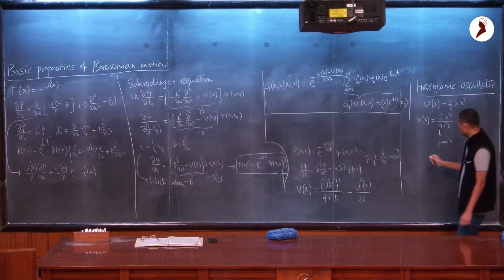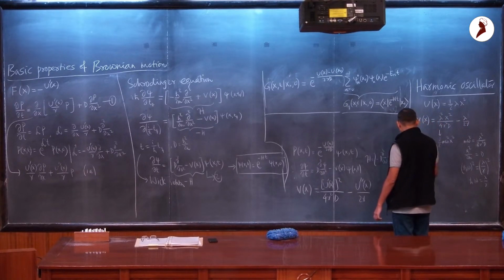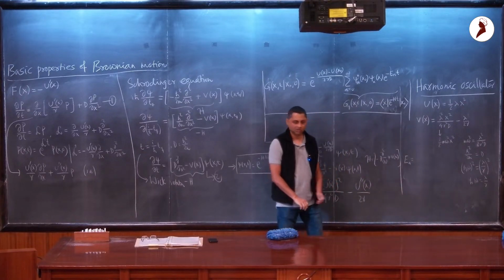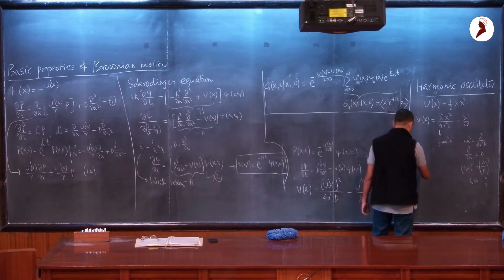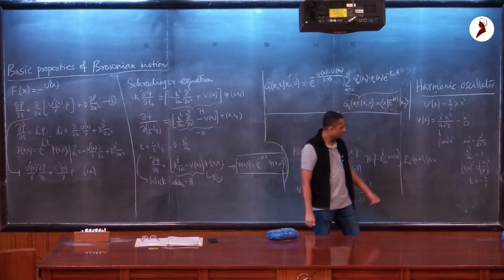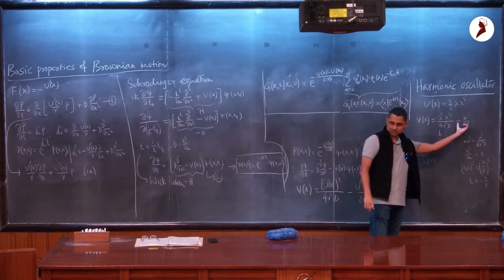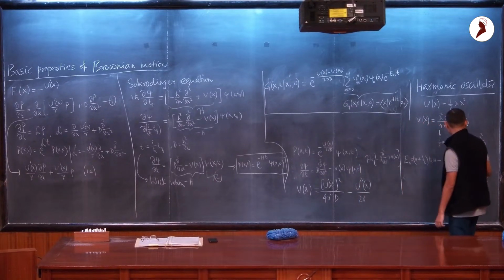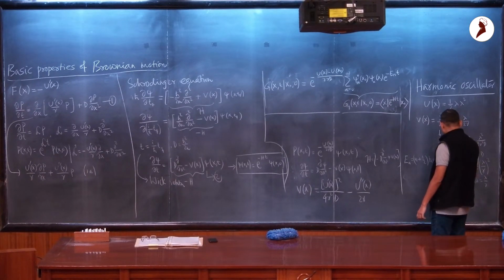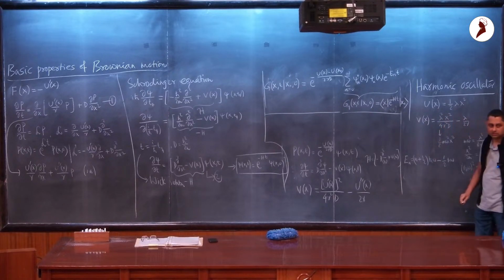Okay. So what is the energy for this harmonic oscillator? (n + 1/2)ħω, but now we have something extra, so minus, what is this? λ/ω is ħλ/γ, so half ħω.